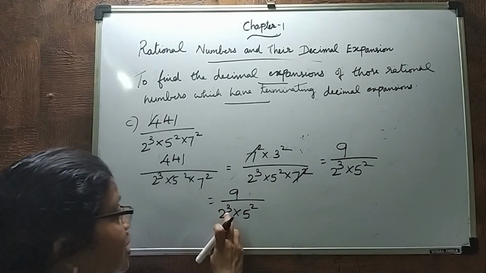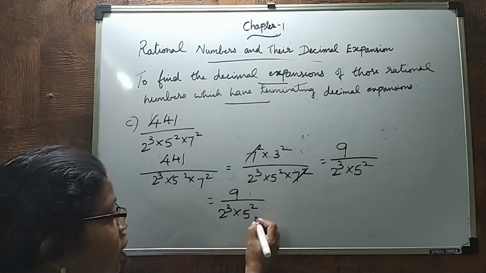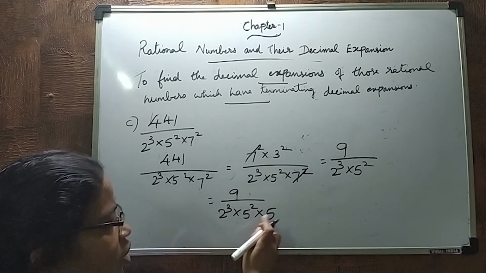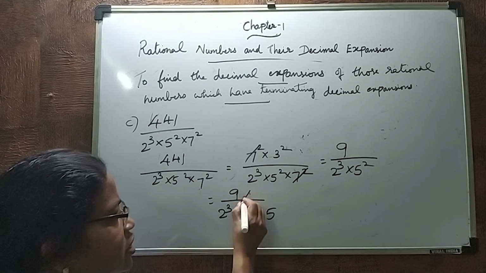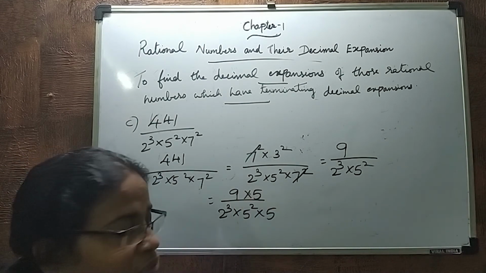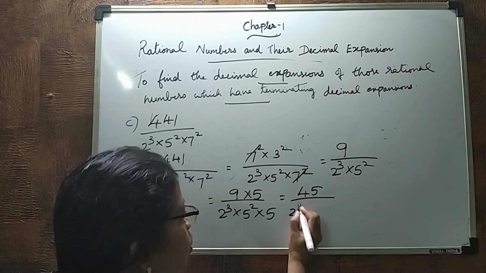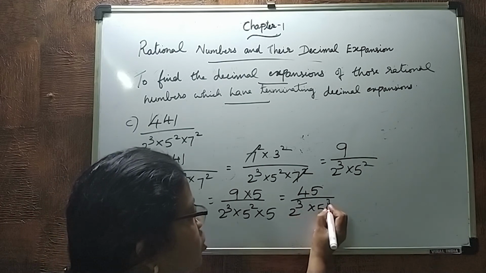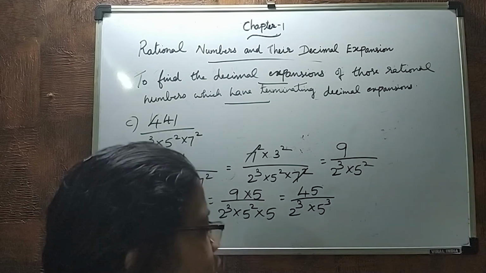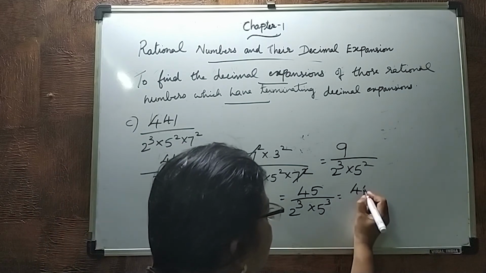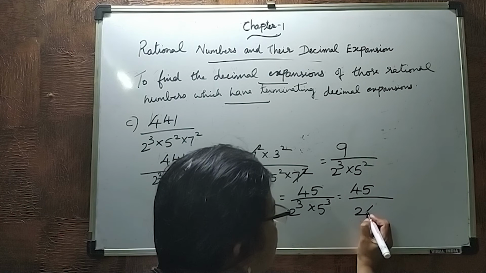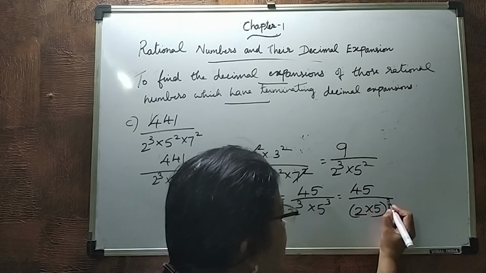Make it as the highest exponent 3, so into 5. Now look, here you multiply it into 5, which means here also it should be with 5. Now it will be 45 divided by 2 raised to 3 into 5 raised to 3. Now you got the same exponent. So it will be 45 divided by 2 into 5, all raised to 3.